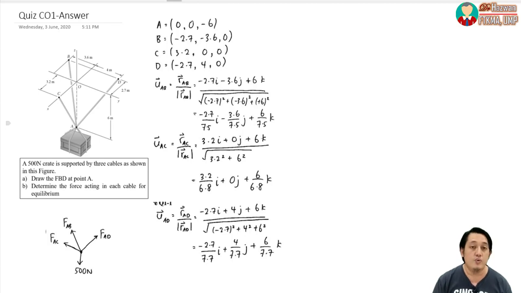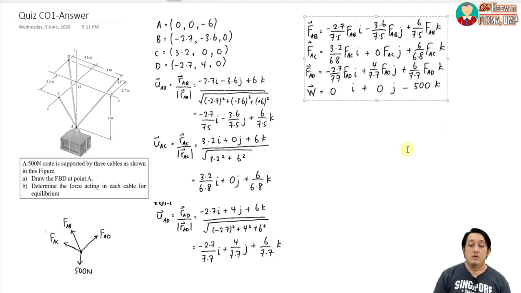Now, you can convert everything into force. This one, FAB, FAC, and also FAD. So what you need to do is very simple. To convert it to force, because you have the unit vector already, the unit vector is multiplied with the force. So this is the magnitude of the force, FAB.